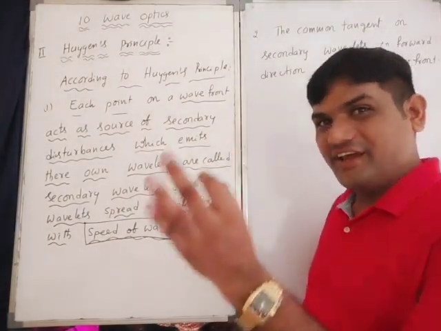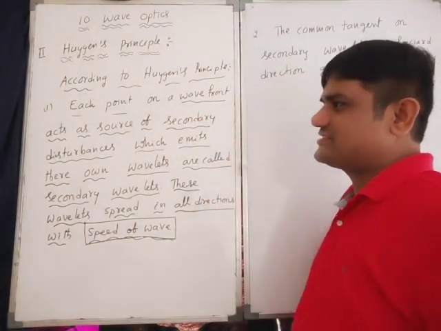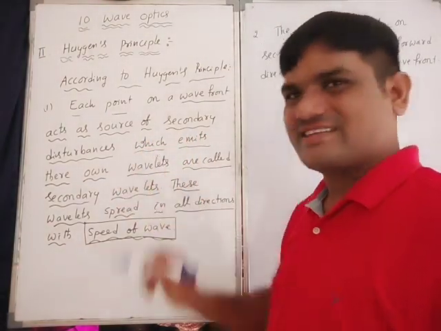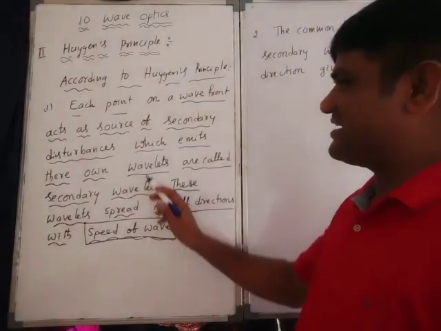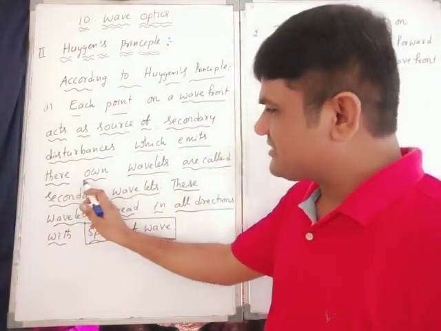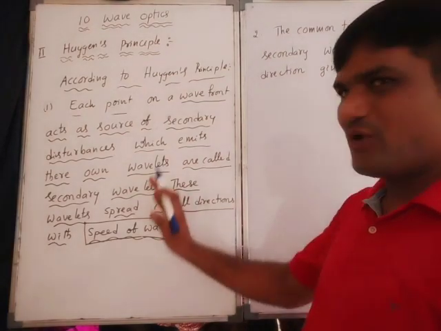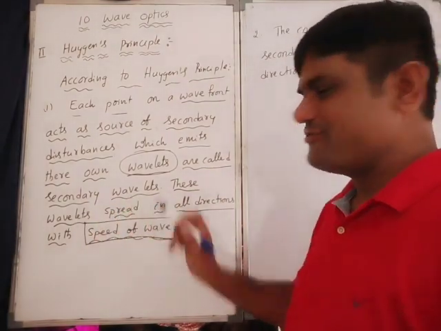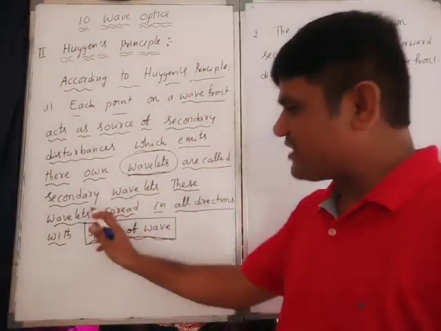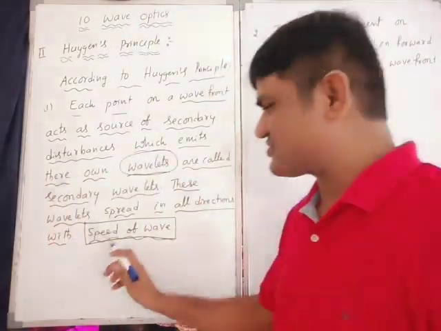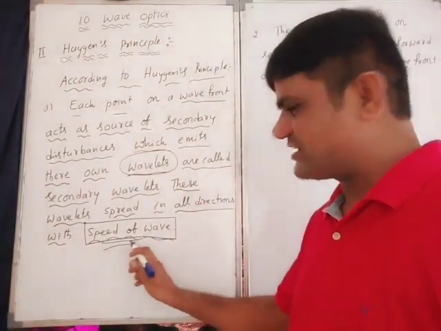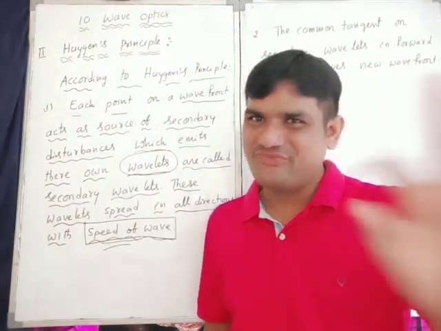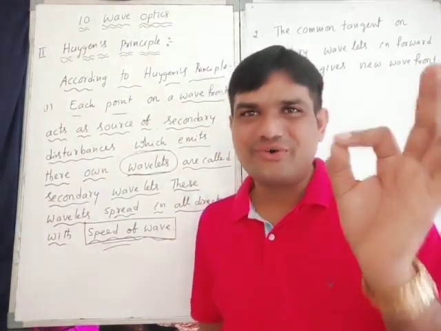Remember this: each point on a wavefront acts as source of secondary disturbance, which emits their own wavelets. So the new word, wavelets, are called secondary wavelets, and these wavelets spread in all directions with the speed of wave. For example, if the speed of wave is v, the speed of wavelets is also v. That is the first point.